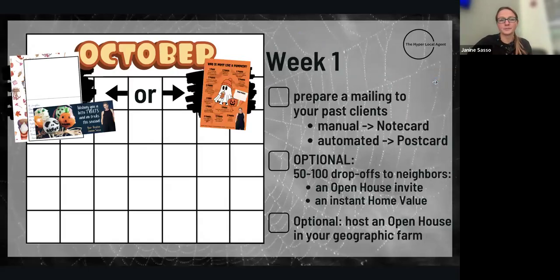After prep week, though, first week of October hits, it's time to start having a plan. And the first week, what we all focus on, especially inside my training programs and everything we do, you take care of the people that have paid you already. You take care of your past clients. I know I talk a lot about farming, but I started off this specific class telling you that I make over 6 figures from my past clients, retention, and referrals.